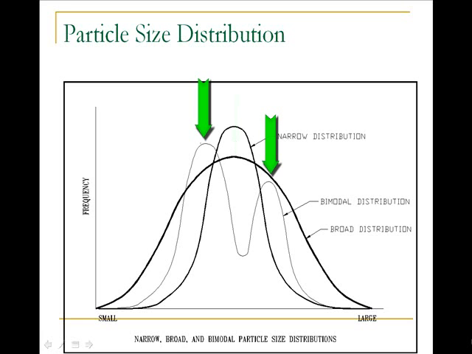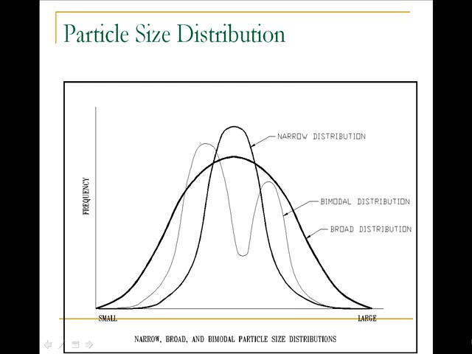And then finally we have a bimodal distribution where we have two peaks where there's two sets of particle sizes basically that were made. We have one where the average is on this part of the curve and then another average on this part of the curve. So there's almost like if we had two different average particle size lots and we mixed them together, this is the kind of curve that we might get from that.